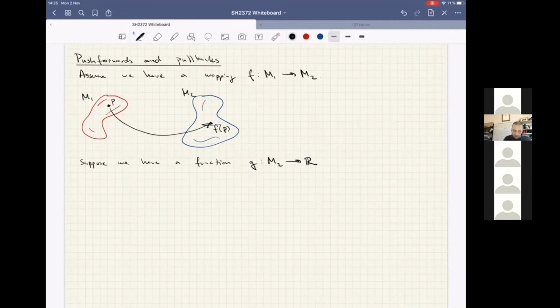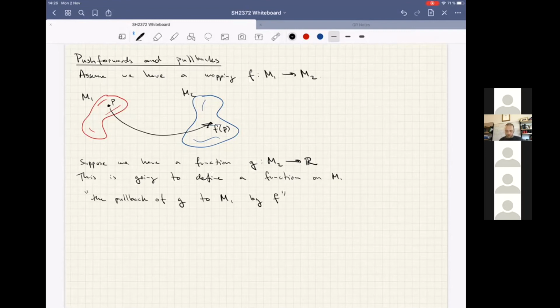So this is going to define a function on M2, on M1, which we're going to call the pullback of g to M1 by this function f.